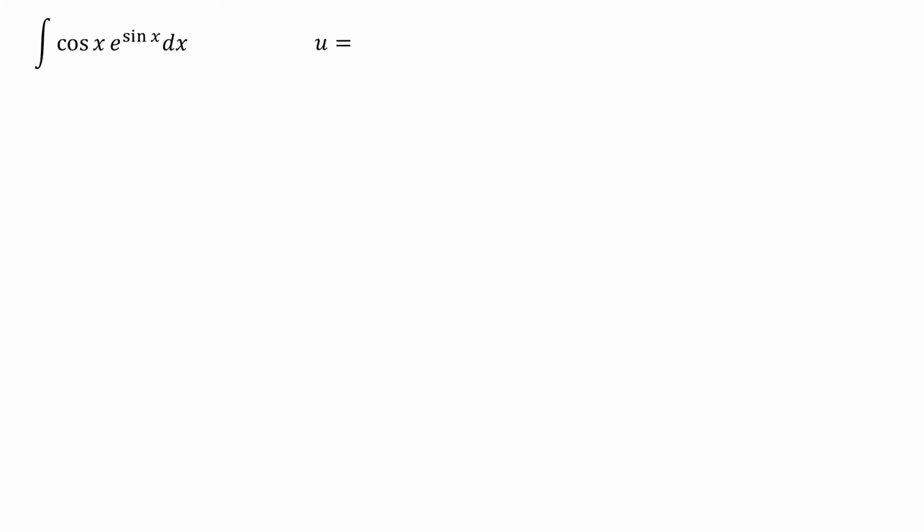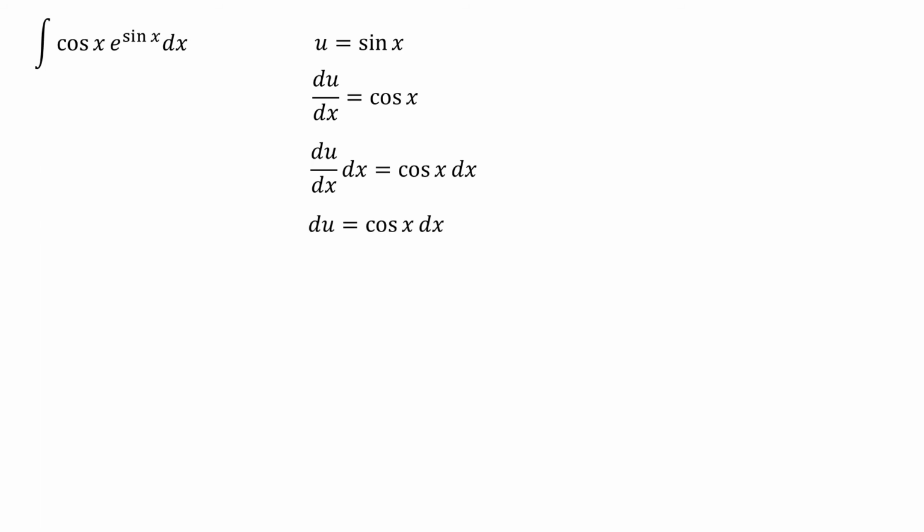Well, it looks like sine of x, but of course I know that the derivative of sine of x is cosine of x. So okay, let's make it sine of x, because if I take the derivative, I get cosine of x. So I'm thinking, okay, my u can be sine of x. My du will be cosine of x dx.